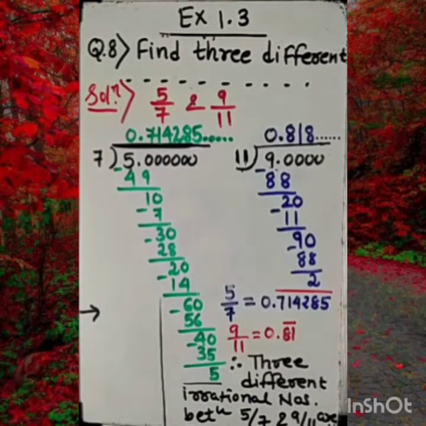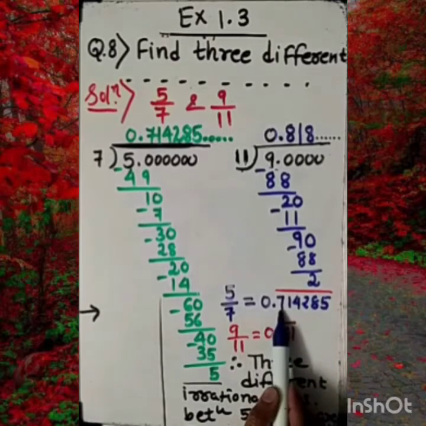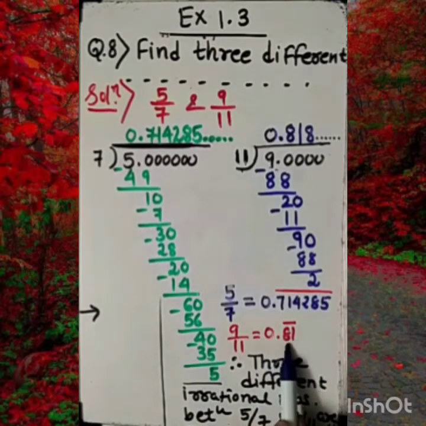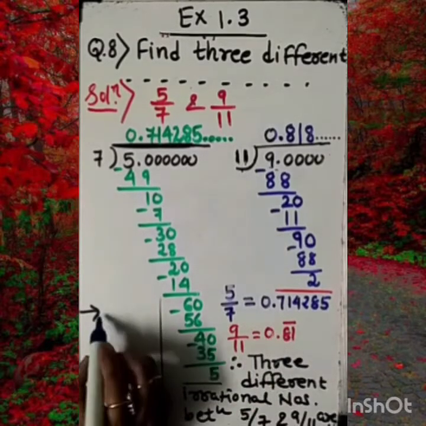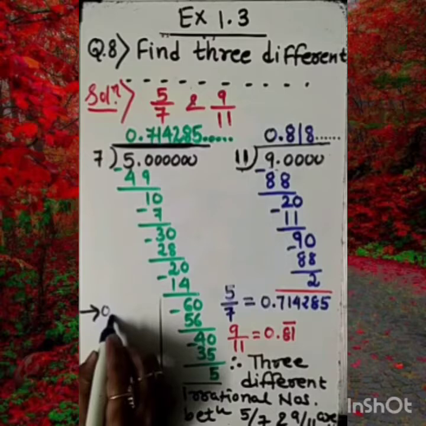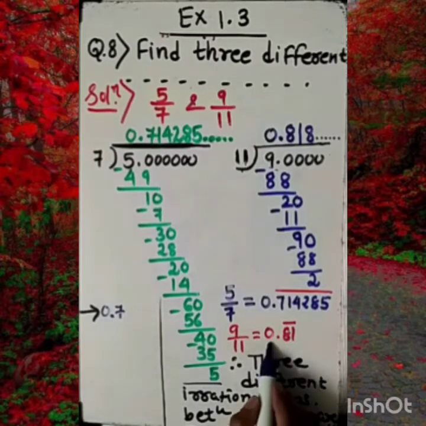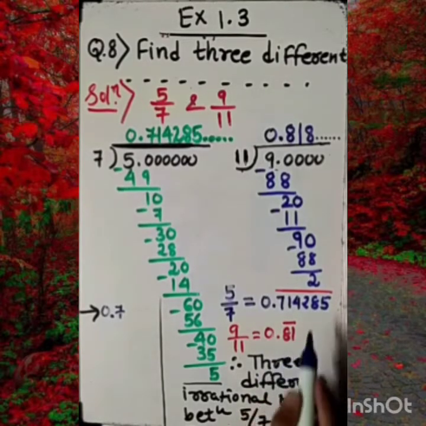Now you see, how can we write these three numbers? Very simple, very easy. Observe this here. 0.7 is there, and here 0.8 is there. So we need to mention numbers between 0.7 and 0.8. It should not exceed the border of these two numbers.